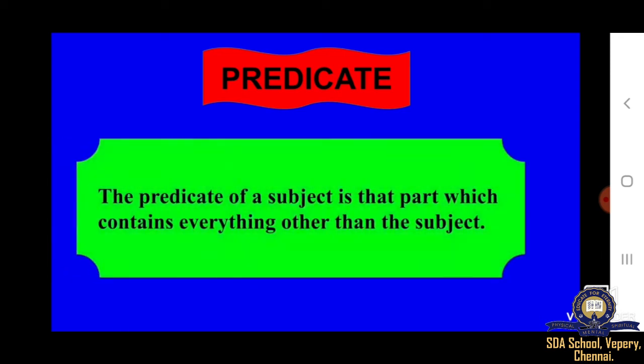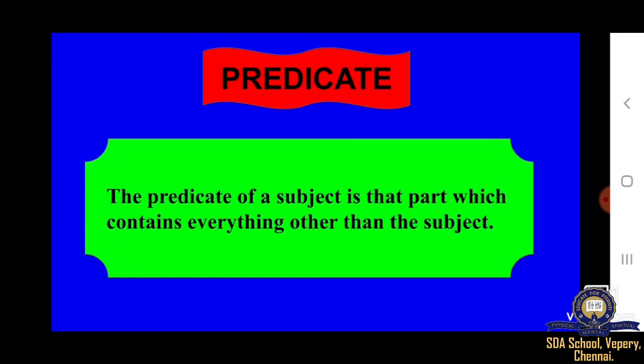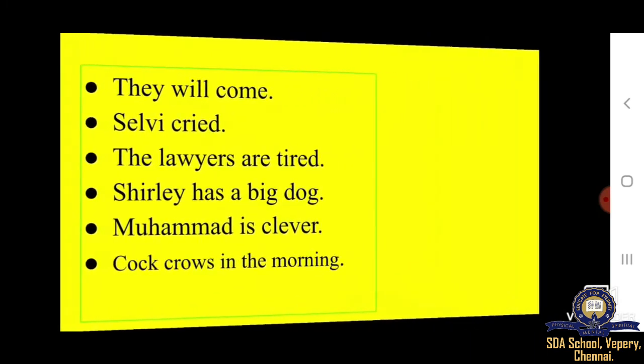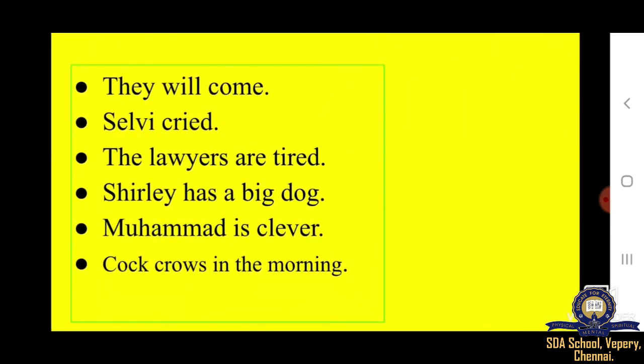Children, now tell me, what is predicate? Yes, the predicate of a subject is that part which contains everything other than the subject is called predicate. Children, look at the sentence. They will come.